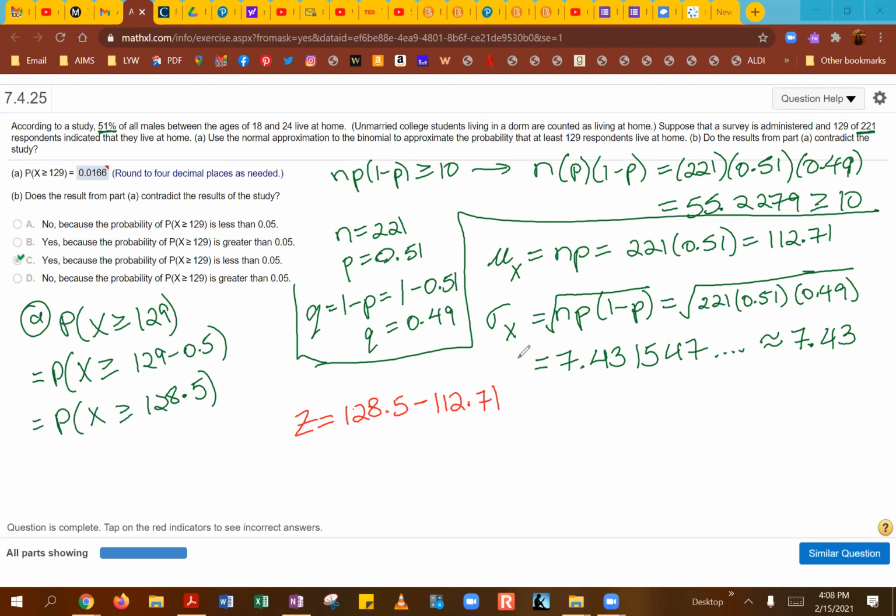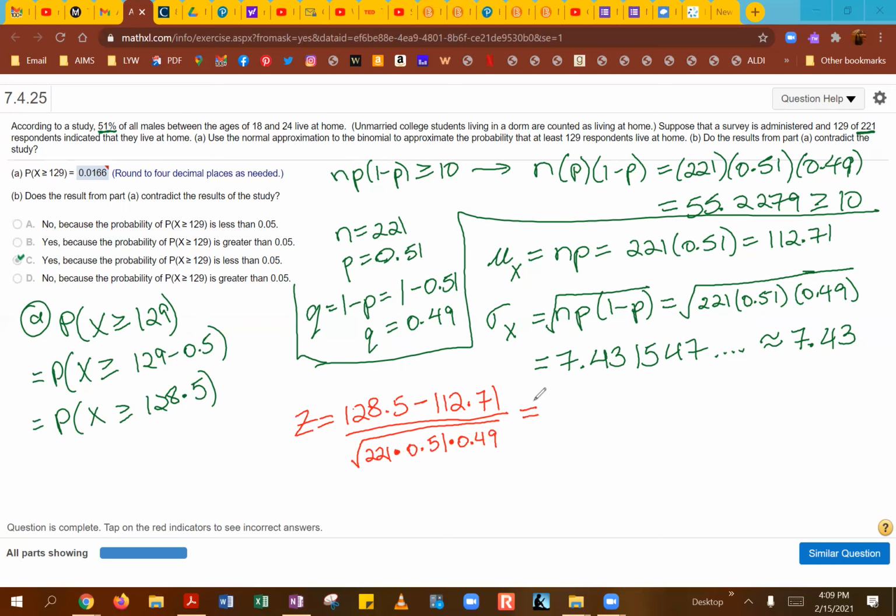Since the standard deviation comes out to be a non-terminating decimal, I'm going to leave it as it is so that we don't run into any rounding errors. So I'm going to leave it as the square root of 221 multiplied by 0.51 multiplied by 0.49, and you can put that all in your calculator at one time.